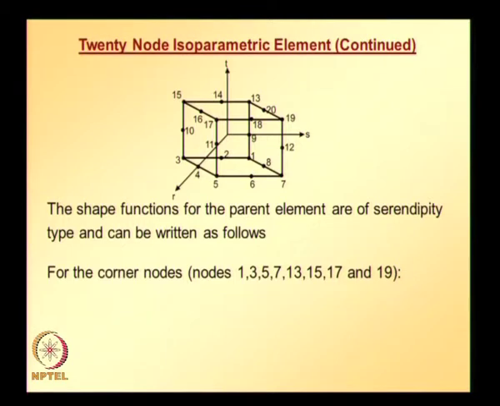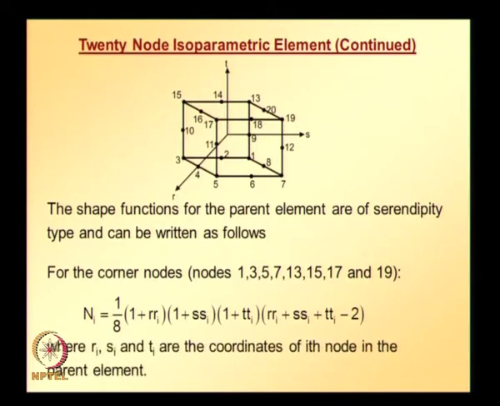For corner nodes, that is nodes 1, 3, 5, 7, 13, 15, 17, 19 for the node numbering shown in the figure, the shape function expression looks like this, where Ri, Si, Ti are the coordinates of the node in the parent element.